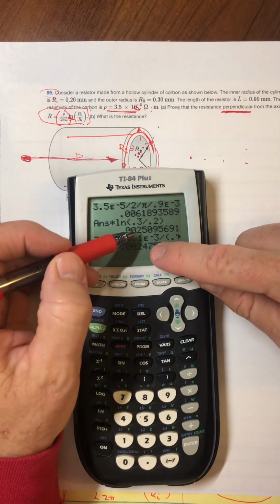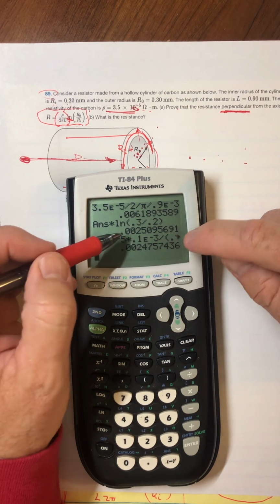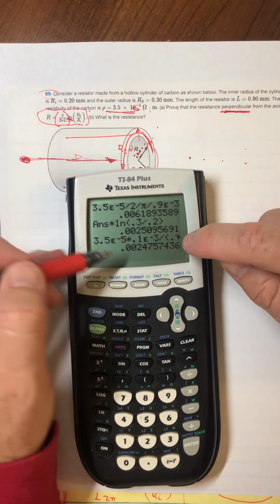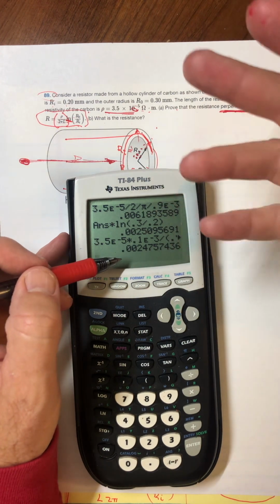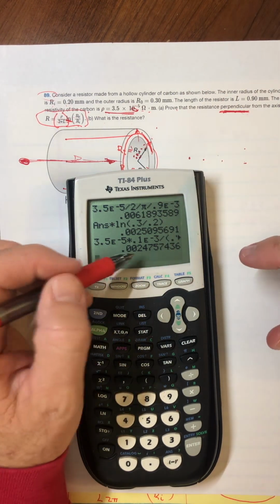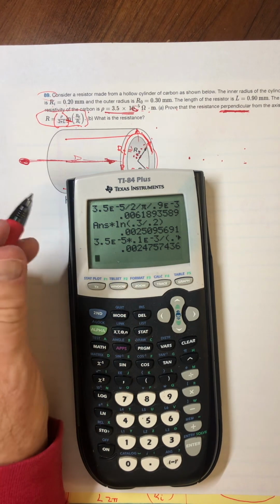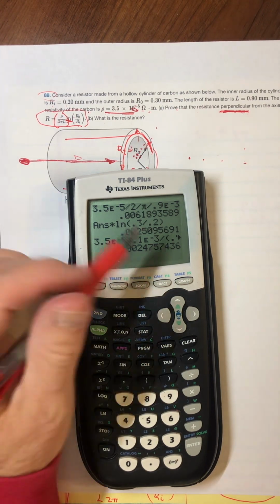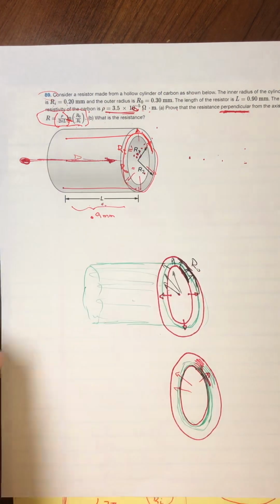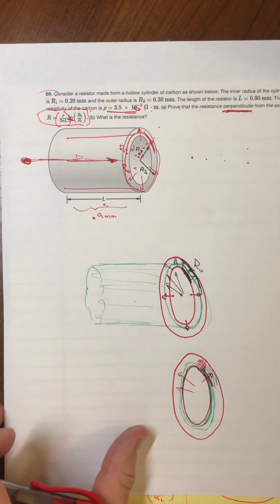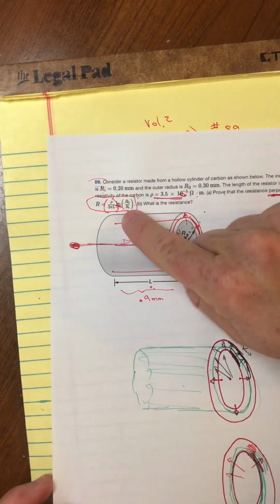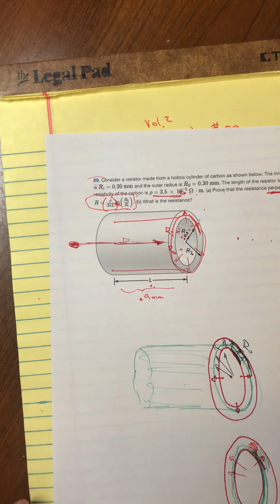But notice I'm really close. So 0.0025 was my right answer, and my rough approximation to make my calculations a little easier was 0.0024. Actually rounds to 2.5. So it's not bad, but I'm quite sure this was involving calculus.